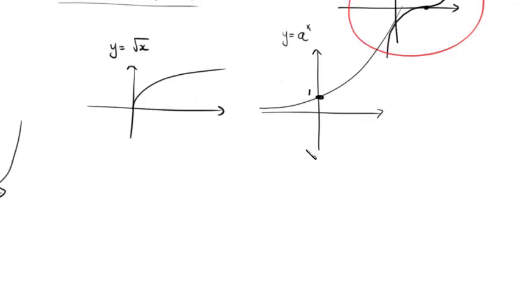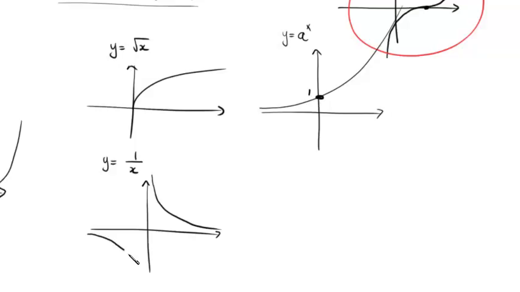And there's also a hyperbolic function, which is y equals 1 over x. It's like this, and like that, and it doesn't touch this vertical line, and it doesn't touch the horizontal.